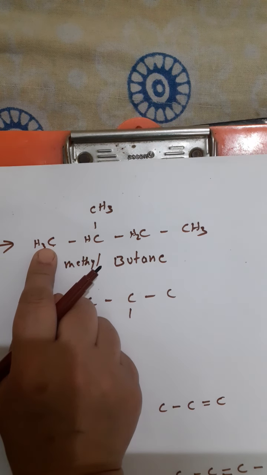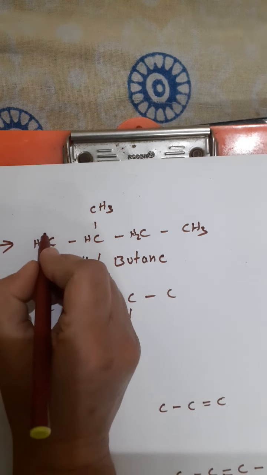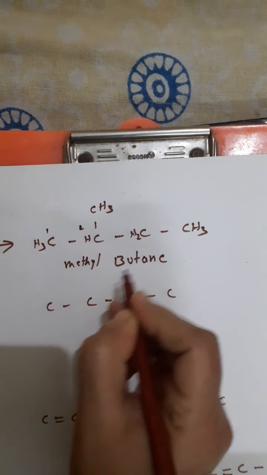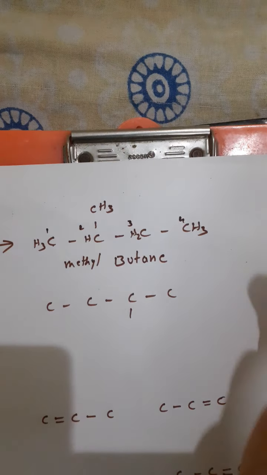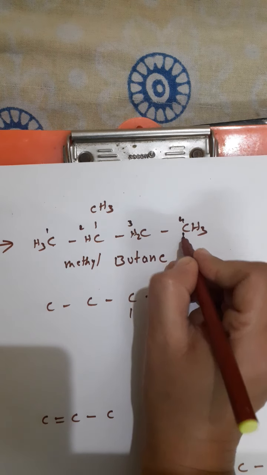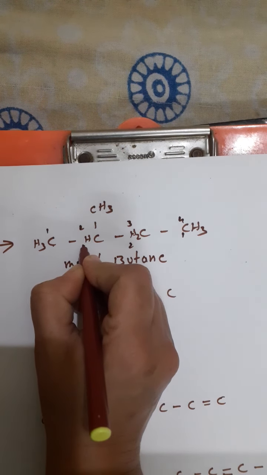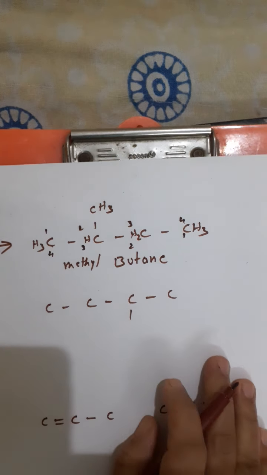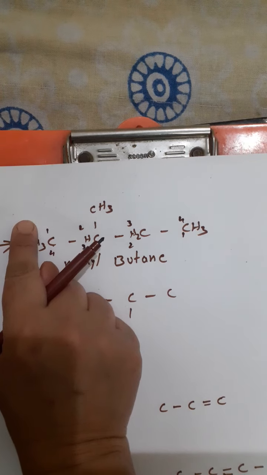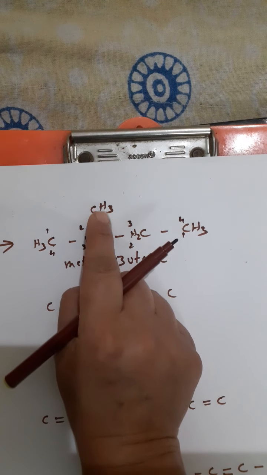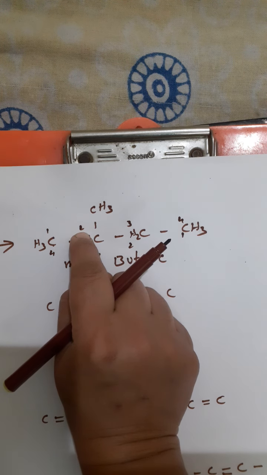If I start from here, it will be 1, 2, 3, 4. Now if I start from right side, it is 1, 2, 3, 4. So which one would be preferable? Yes, the one from left to right, where the methyl group is getting the least value of 2.